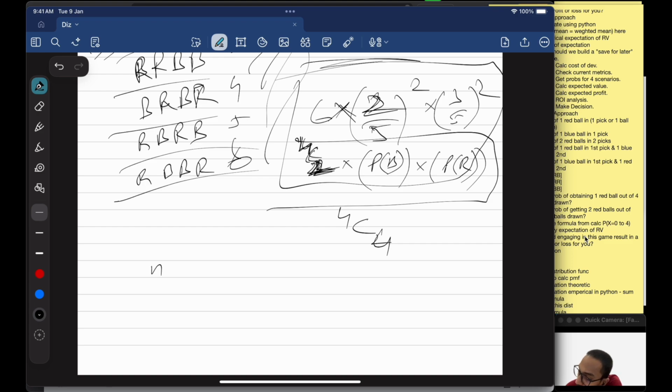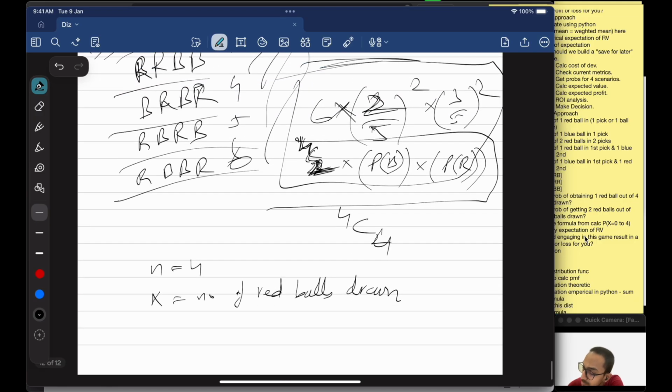The number of trials here is 4, and the random variable is the number of red balls drawn, right?